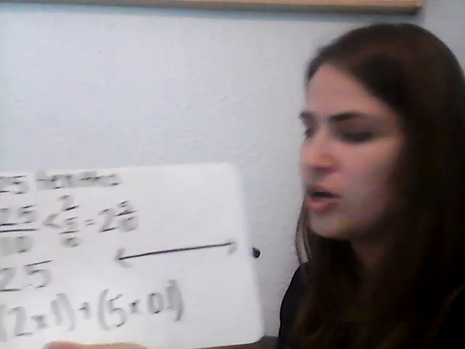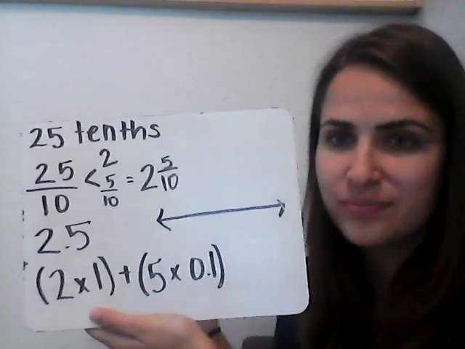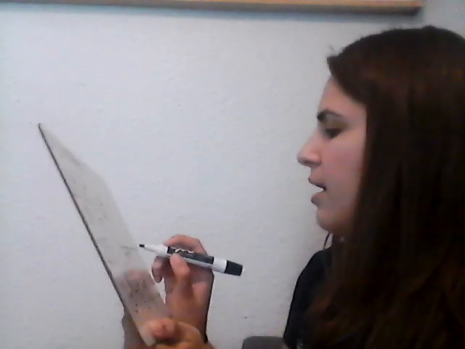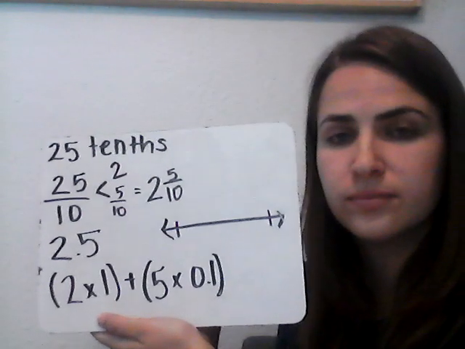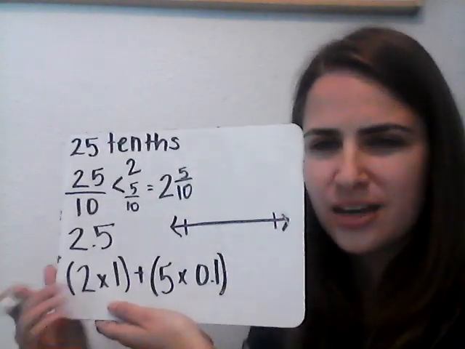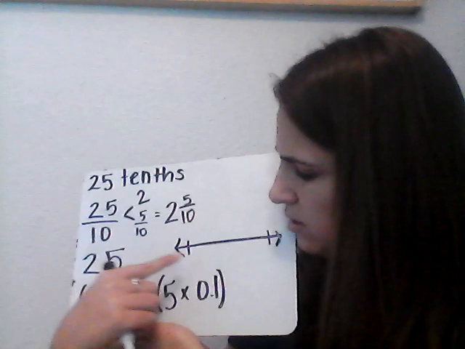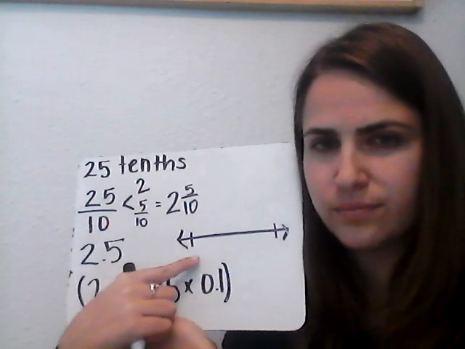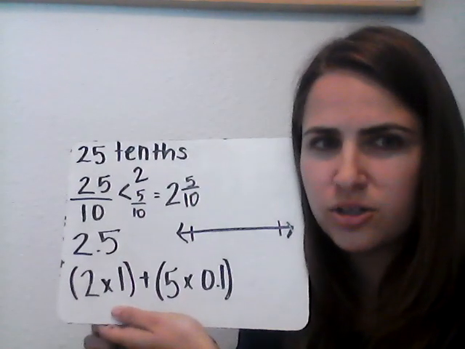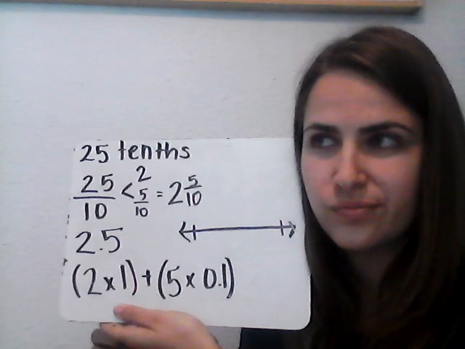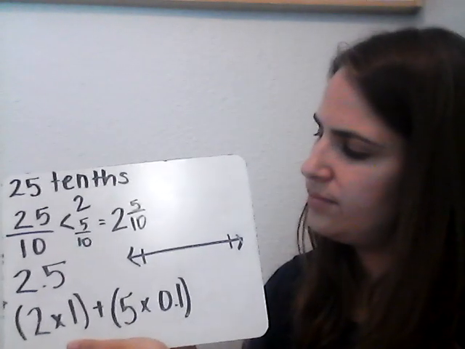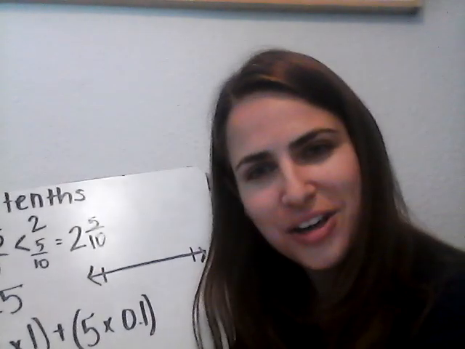Okay, so if I wanted to show 2 and 5 tenths on a number line, I need to make some benchmarks. What do you think my benchmarks should be? I agree with you.